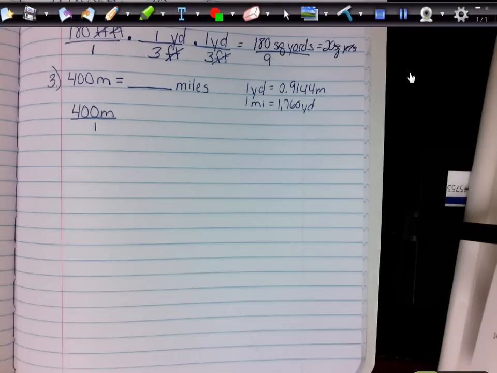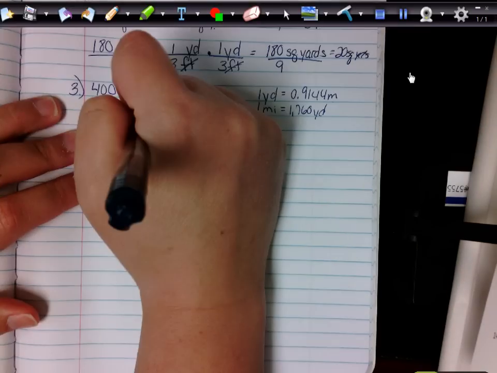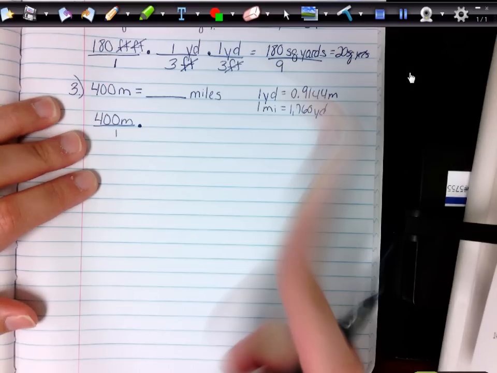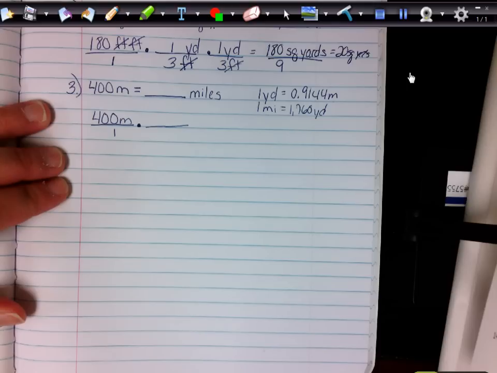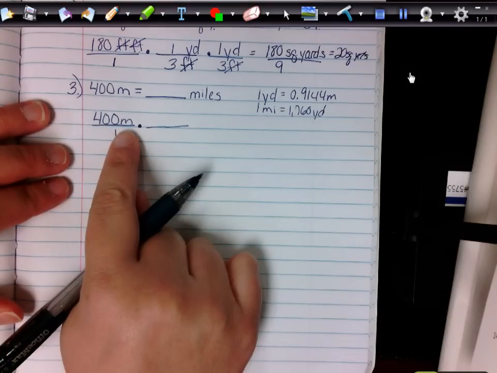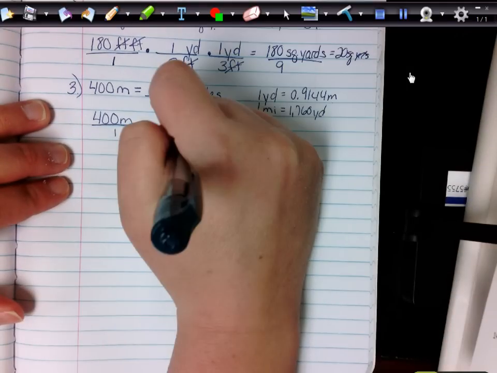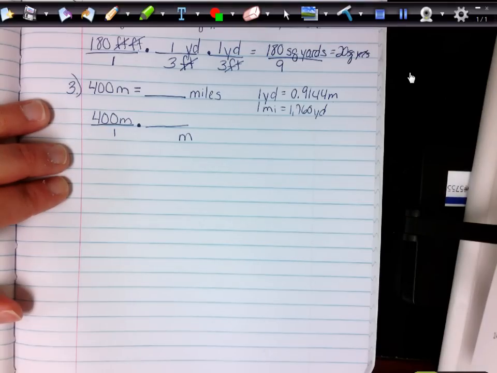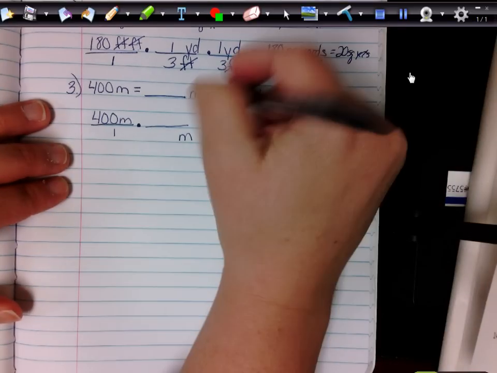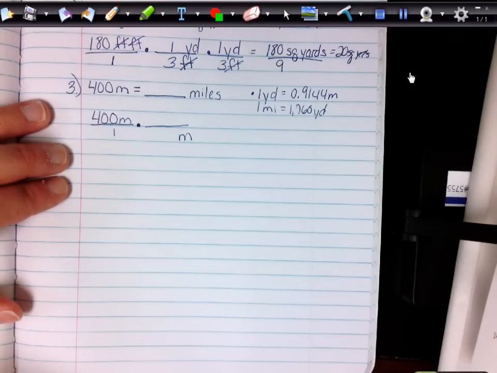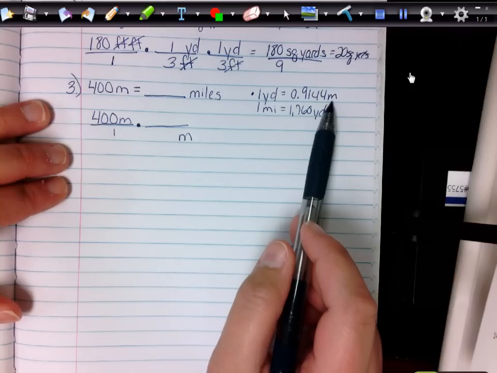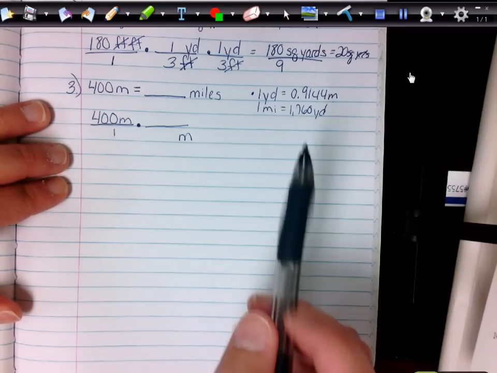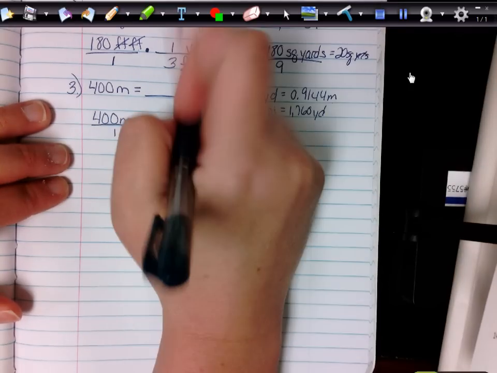Now I need to get this set up. So I'm going to draw another fraction, so times. Now I have meters on the top, so I need to have meters on the bottom so that they're going to cancel. So I'm going to be using this conversion first, the meters to yards. Since I started with meters, I have to start with this one. So I'm going meters to yards, so I have yards on top.